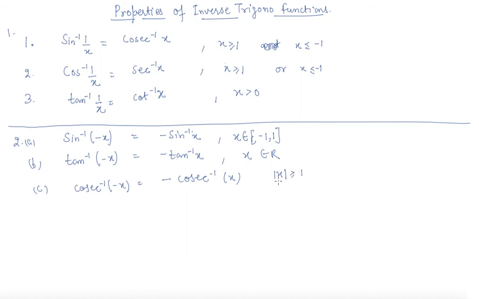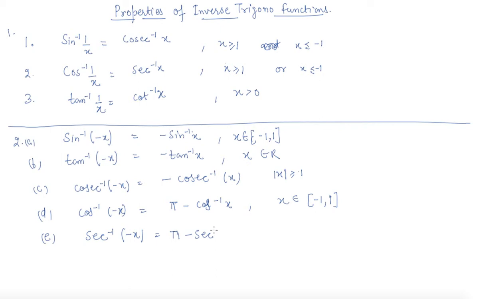Now students, similarly we can choose for cos inverse minus x is pi minus cos inverse x, where x lies between minus 1 to 1. Okay, now the e part is secant inverse minus x, so this is minus x, student.